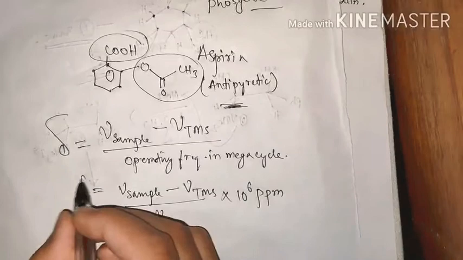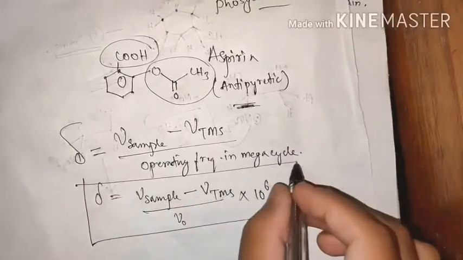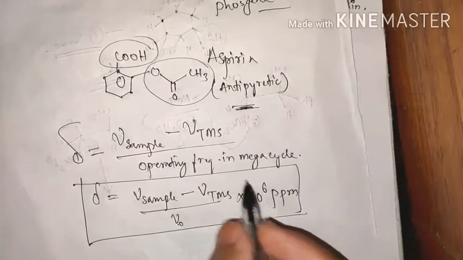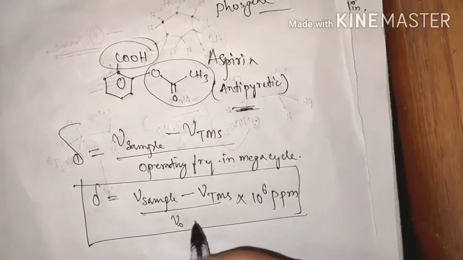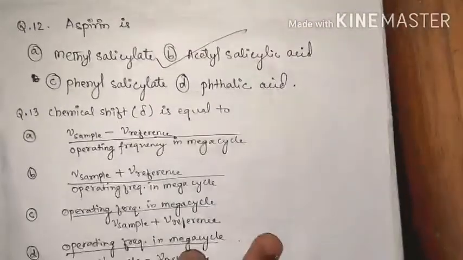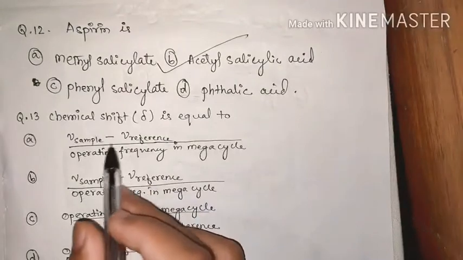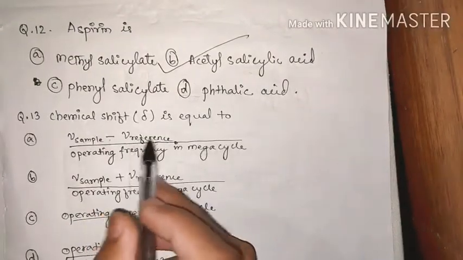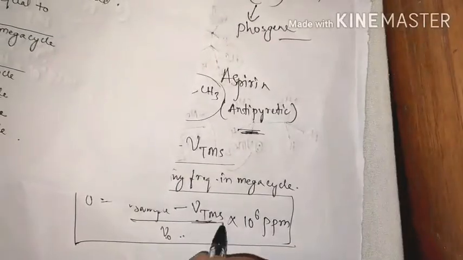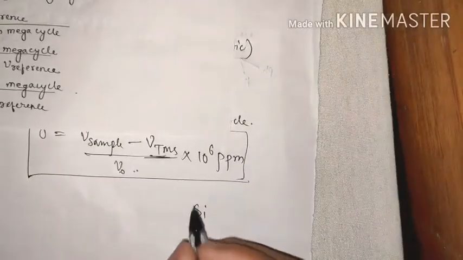In the book you are going to see this formula, and this is the operating frequency. The 10 to the power 6 represents megacycles. So ultimately, the correct answer will be the frequency of the sample minus the frequency of the reference. Reference can be anything, but mostly we take TMS, tetramethylsilane, whose structure is like this.